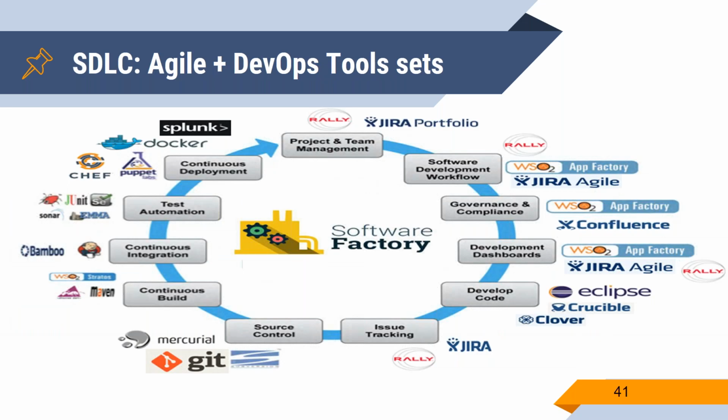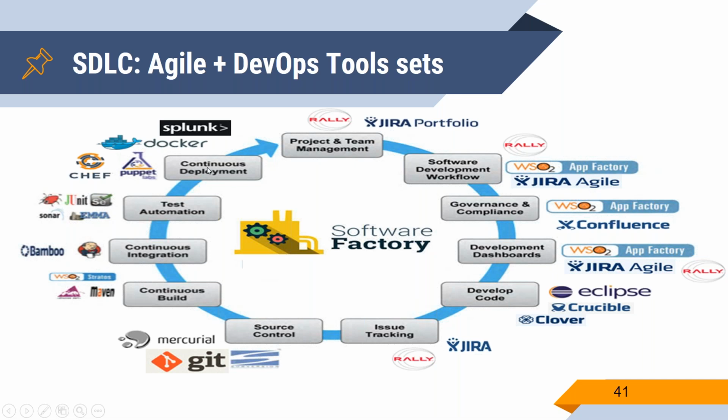And again, this is a tool set, the Agile plus DevOps tool set. What are the languages we're using along with this? If you see this, for source code management, we can go for Mercurial, Git, or Subversion. For continuous build, we'll use Maven, Ant, or WSO2. And for continuous integration, Jenkins and Bamboo are famous tools. For automation, we have Selenium, JUnit, Sonar, those kinds of things.